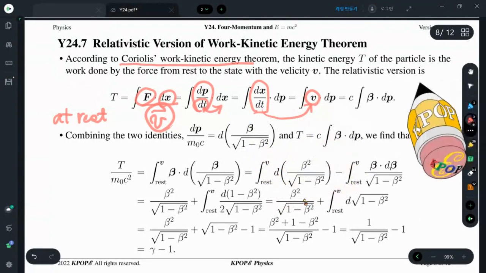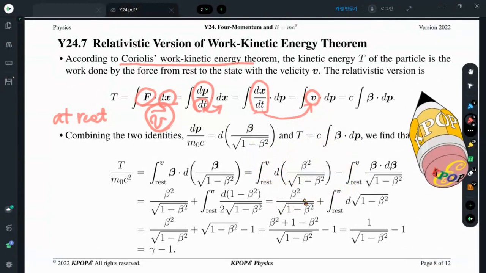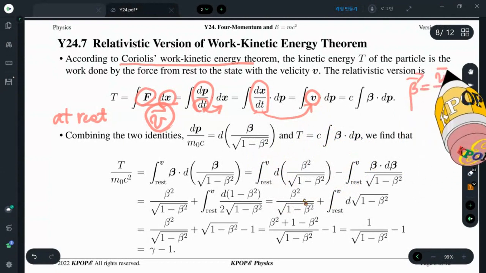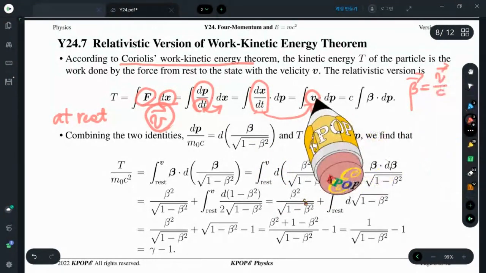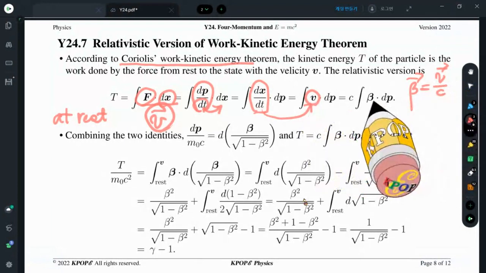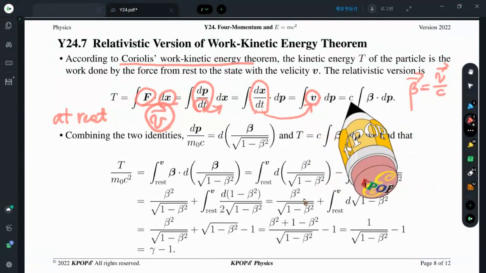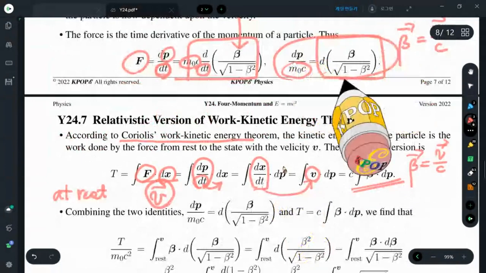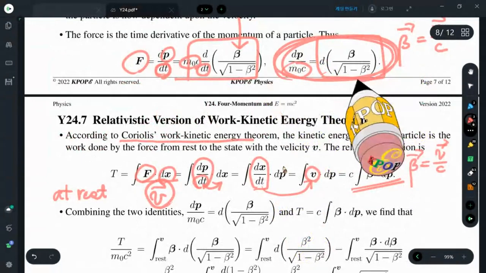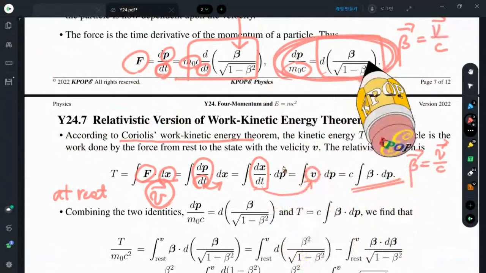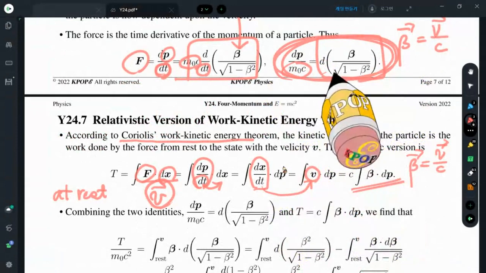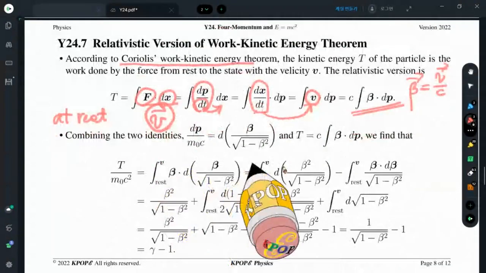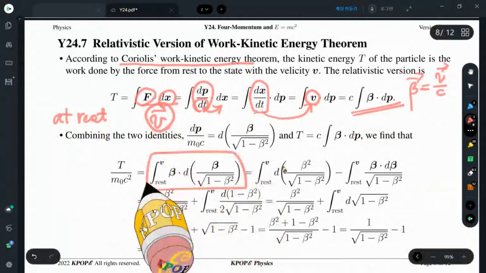All right. And we remember that beta equals v over c. Therefore, v is replaced with beta times c. Now, dp in the previous page is expressed in terms like that. So we substitute dp in here. Finally, it is expressed in this way.